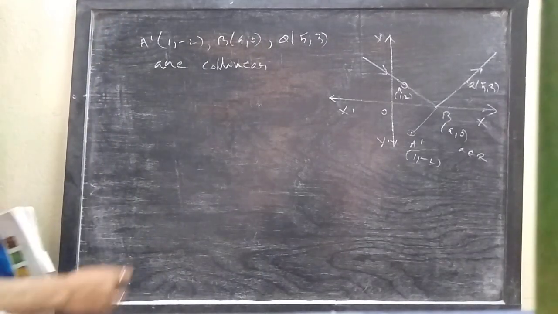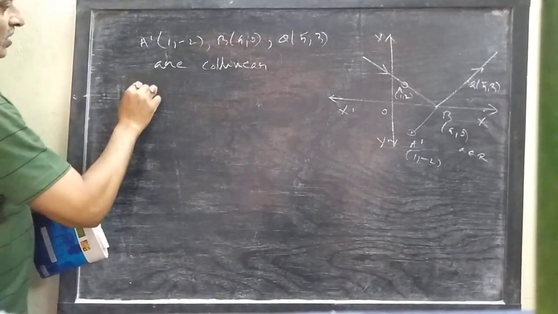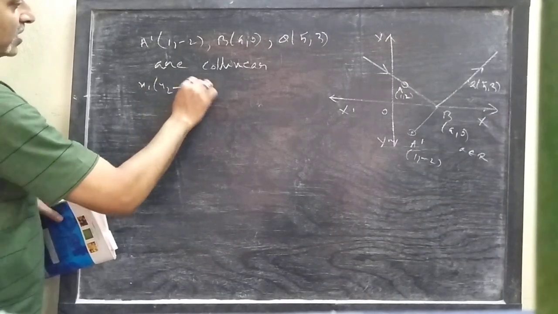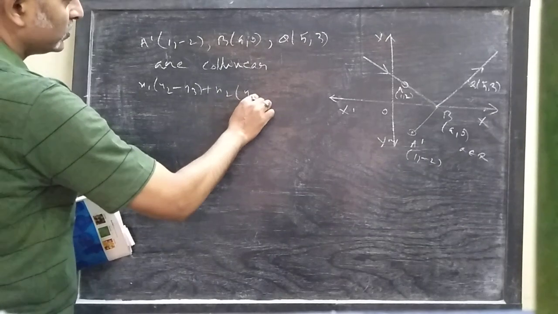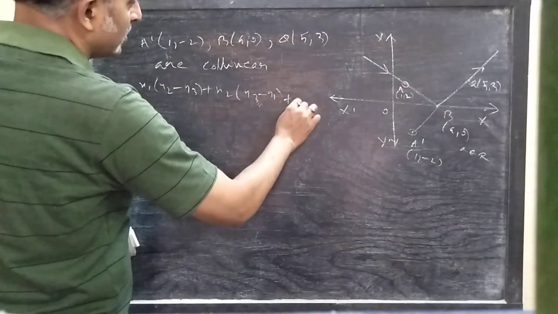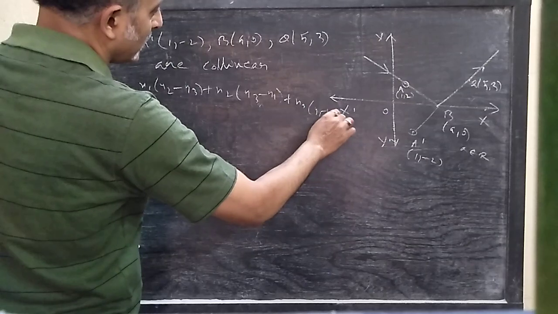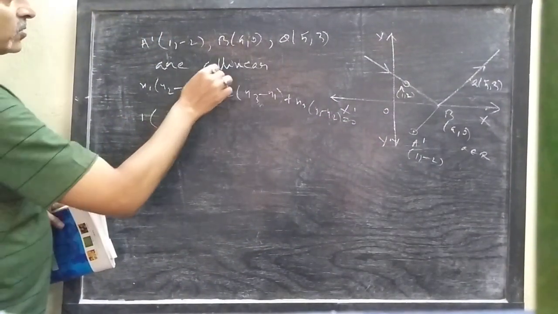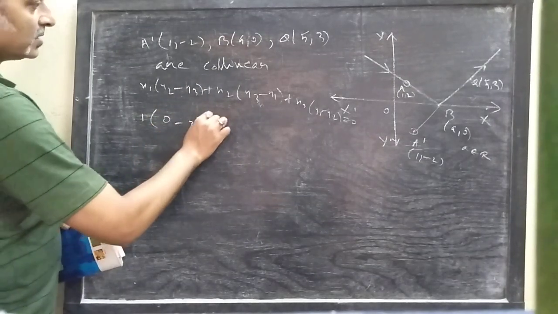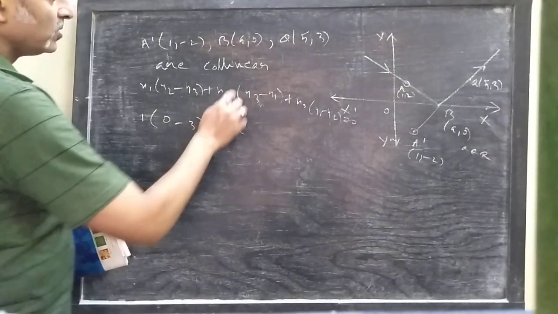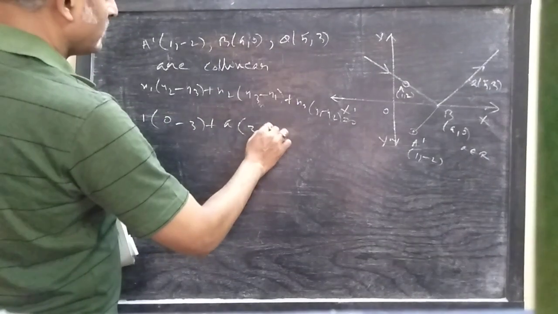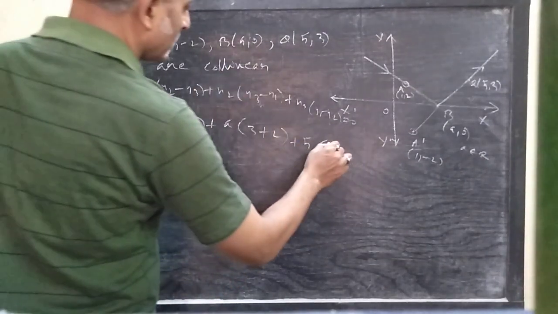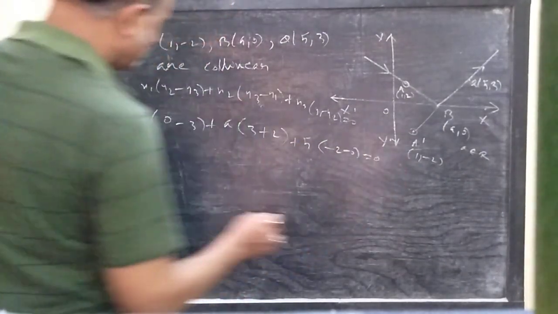Now using the condition of collinearity, we have, remember the condition of collinearity is x1 into (y2 minus y3) plus x2 into (y3 minus y1) plus x3 into (y1 minus y2) equals 0. So here we have 1 into (0 minus 3) plus a into (3 plus 2) plus 5 into (minus 2 minus 0) equals 0.